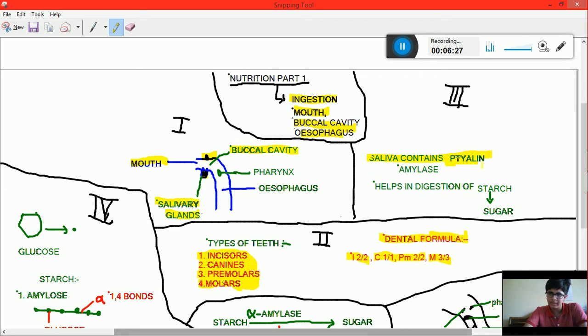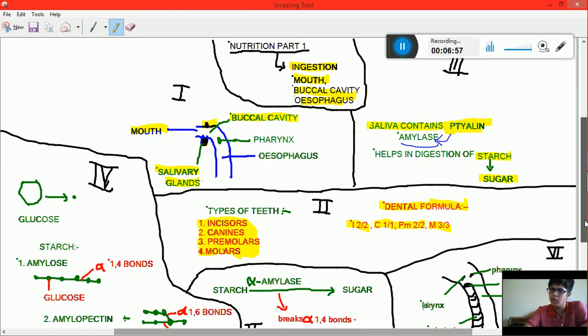This ptyalin contains a substance known as amylase. Later on, this amylase helps in the digestion of starch. It helps in the hydrolysis of starch and the conversion of starch into sugar. So the basic function of saliva is digestion of starch. So we can say in our buccal cavity the digestion of carbohydrates takes place, but there is no digestion of proteins and fats in our buccal cavity.